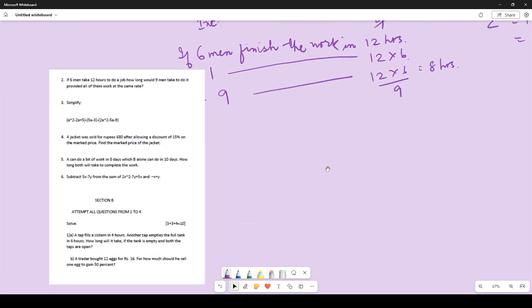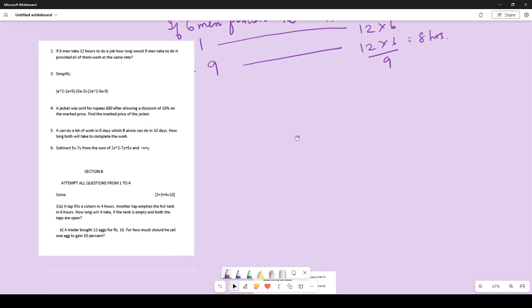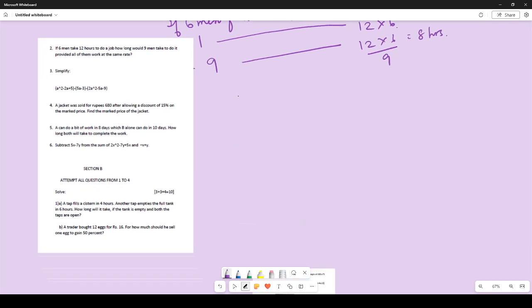Simplify. Now in simplify, what did you have? Your question was a square minus 2a plus 5 minus 5a minus 3 minus 2a square minus 5a minus 9.